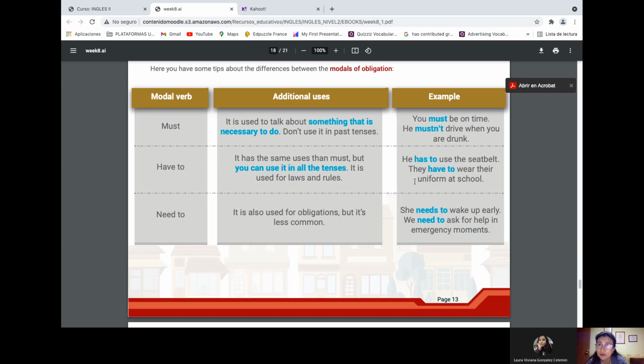And in the second one, that they have to wear uniforms is mandatory in some schools, no? It's part of the rules of some school to wear a uniform. In other schools, maybe it's not necessary. If it's not necessary to wear a uniform, you say children don't have to wear a uniform to go to that school because it's not necessary.